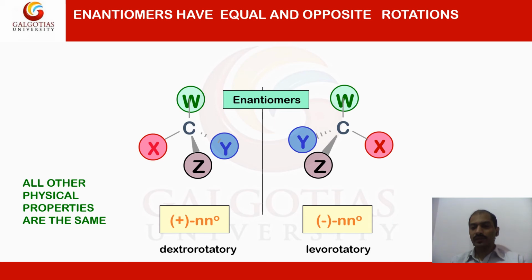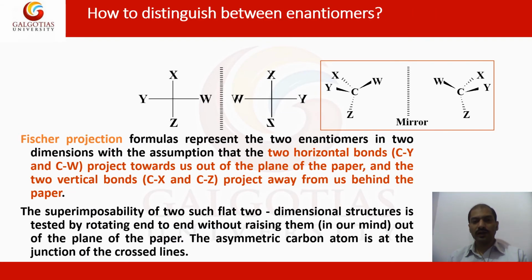So it is very important to see which form it is, either dextrorotatory or levorotatory. That also needs to be addressed when any product is being synthesized in the chemical laboratory. So how do we distinguish between enantiomers?